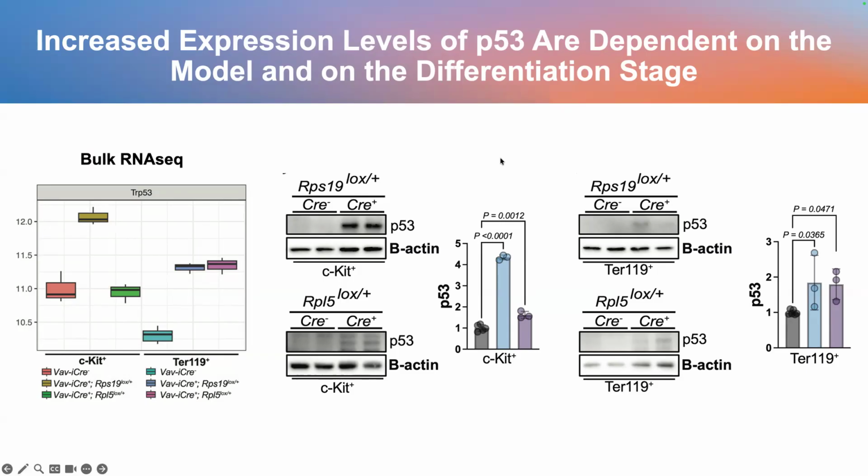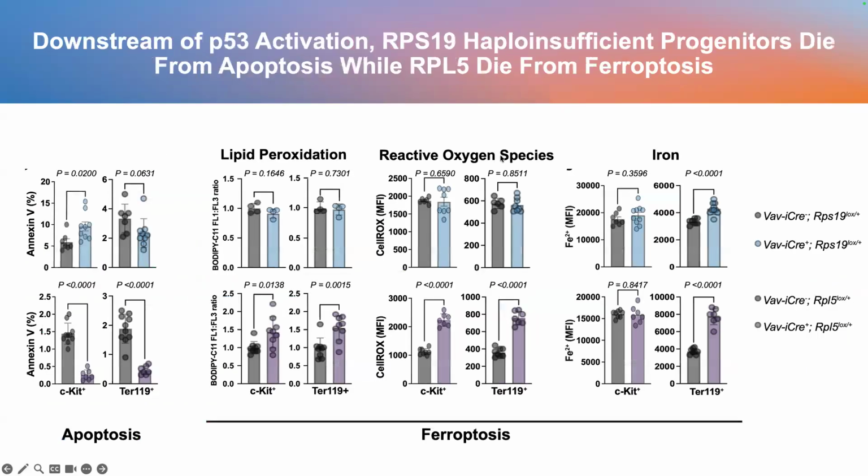So what does this lead to? Well, here was the big surprise at the time, and this now has been comforted somehow by a publication from Vijay and his group showing that there is ferroptosis in different models of ribosomopathies: in the RPS19, there is apoptosis of the progenitors.